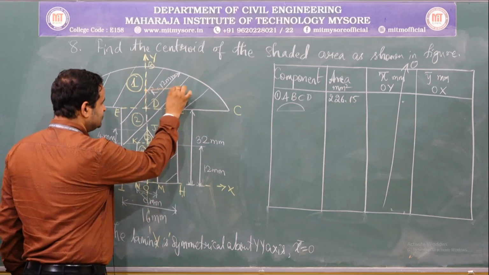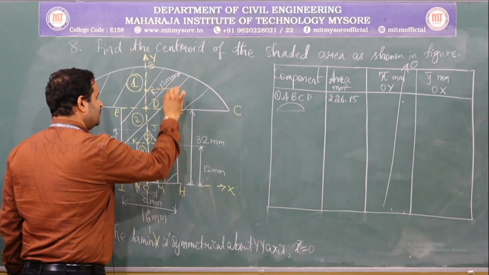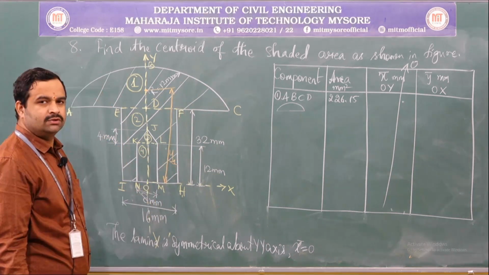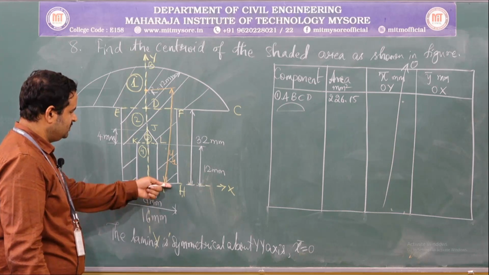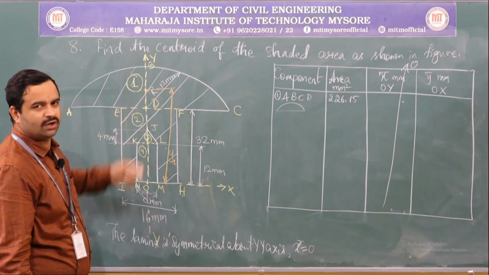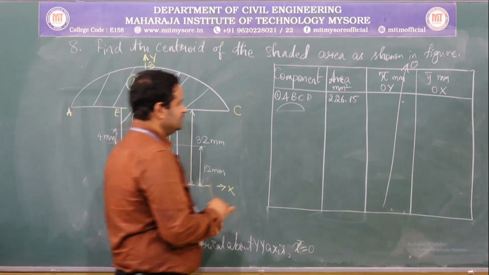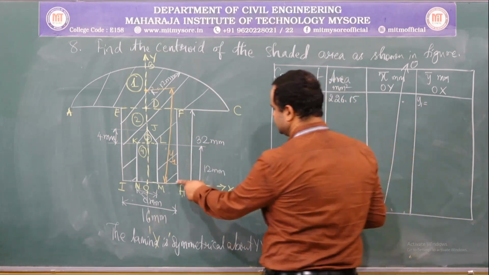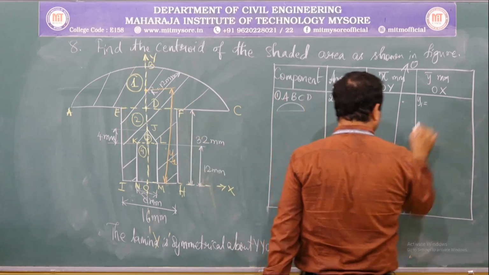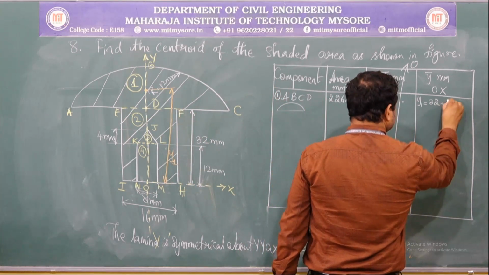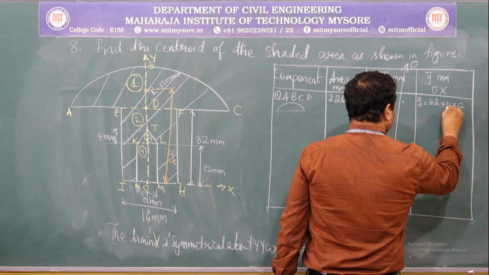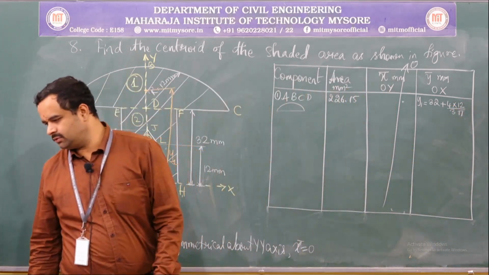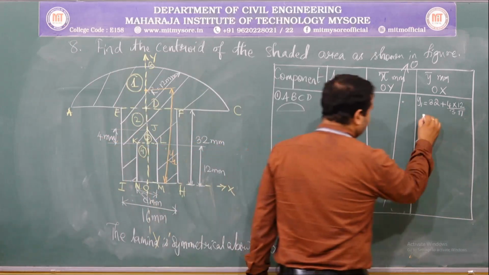So, this distance is nothing but our y1. So, what is y1 equal to? It is this distance plus 4r by 3 pi, that is, the distance from this point to this point is 32 mm. 32 plus 4 into 12 by 3 pi is equal to 37.09.